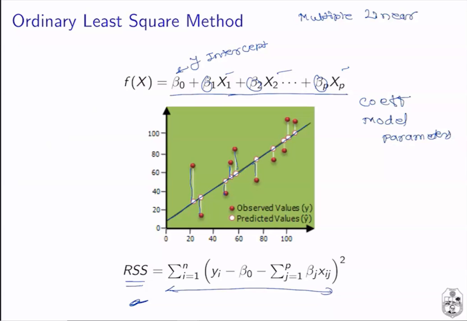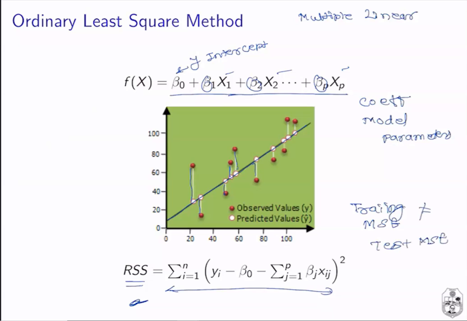Now, when we minimize this error, the parameters are estimated using the training data set, and when we apply the model on a very different test data set, a large difference is present between the training error that we have calculated, which we call the training mean square error, and the test mean square error.